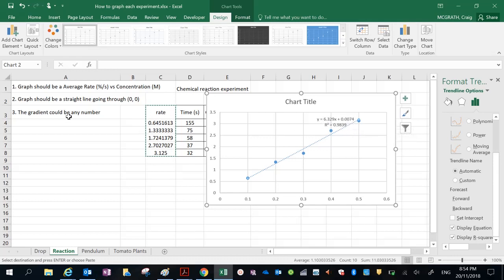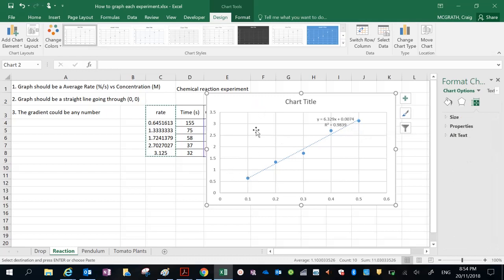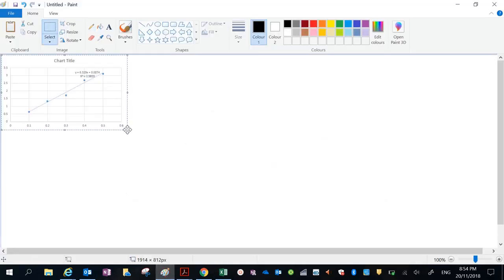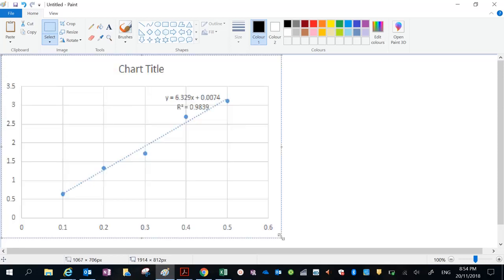And the gradient could be any number. So, what we have is a situation where it's cutting across. I'll grab this. See, it's cutting across above 0, a bit too high. If we extend that line, you'll see what I mean.